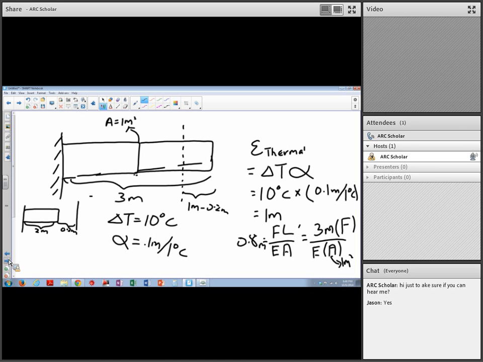So with this, you are able to calculate the force done by the wall, and you are able to calculate the stress done by the wall by assuming that force.